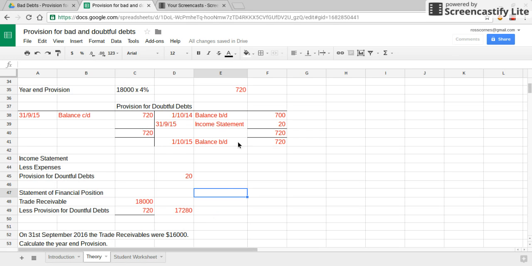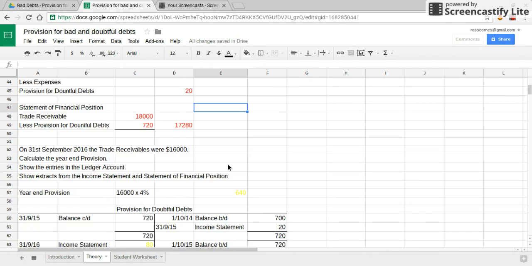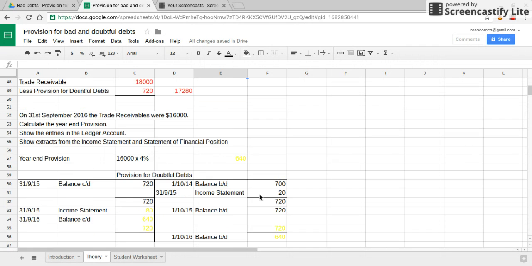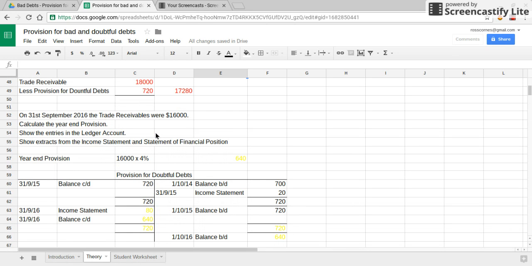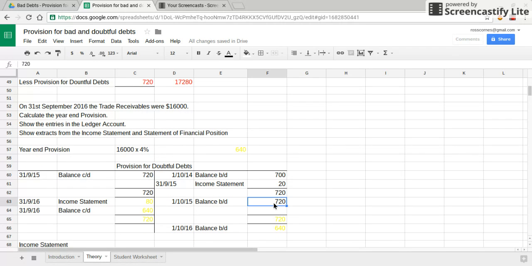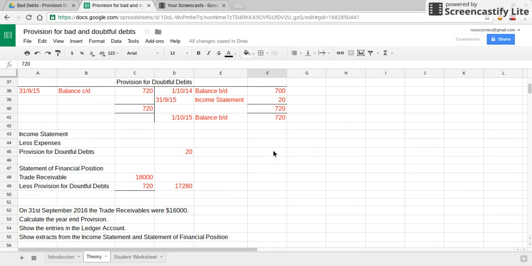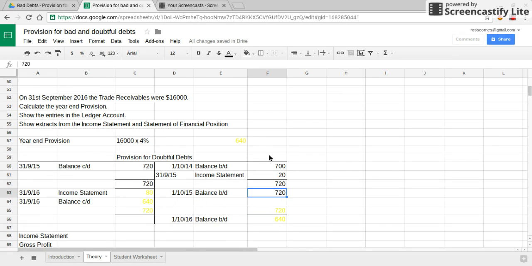Clearly, if bad debts increase and it becomes an expense, there is another possible scenario. So here, if we're looking at the following year for this business, what happens is their trade receivables now have actually decreased effectively in the second year that we are looking at. So we've got the balance brought down of 720 from the previous year, but this time the trade receivables are now only $16,000.